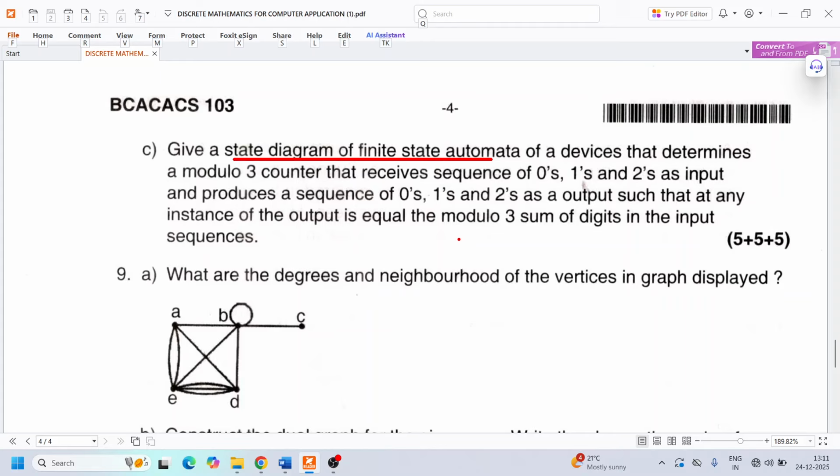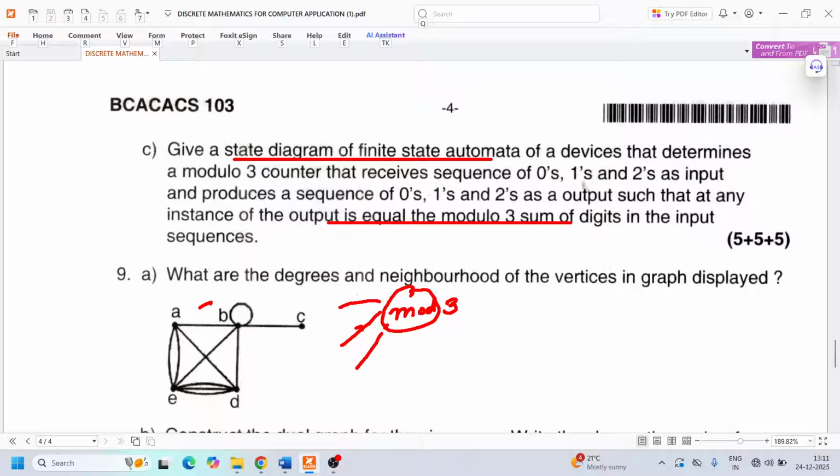What is given over here is the output must be equal to the modulo 3 sum of the inputs. So that means if you have 3 inputs, let's look at this one, 3 inputs are there, so the output that is produced is modulo 3. So it's going to give you a mod 3 output.